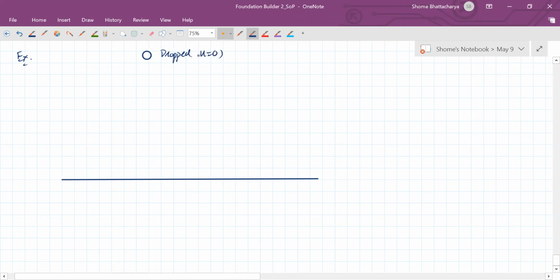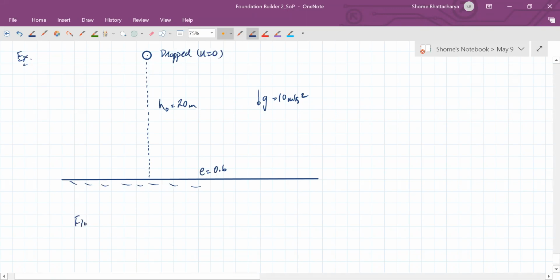So initial velocity is 0. From an initial height h0 of, let's say, 20 meters above the ground, and you take g as 10 meters per second square. Now suppose it makes a collision with a coefficient of restitution of 0.6.